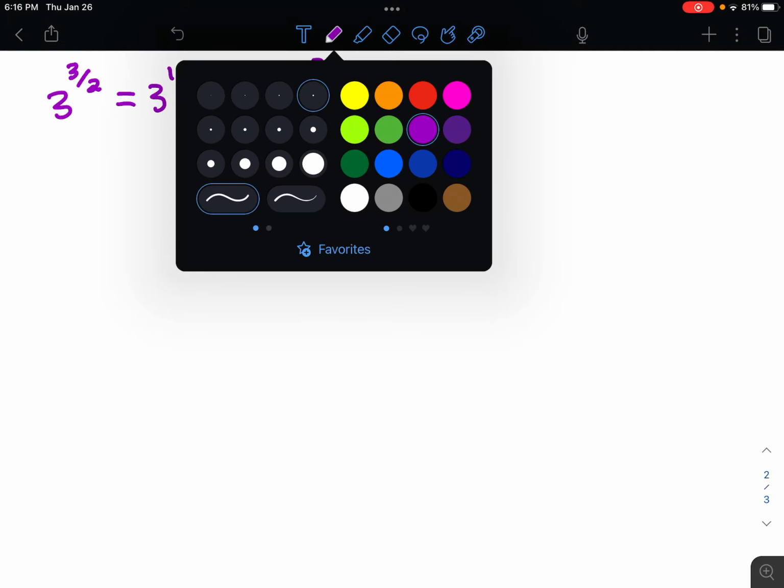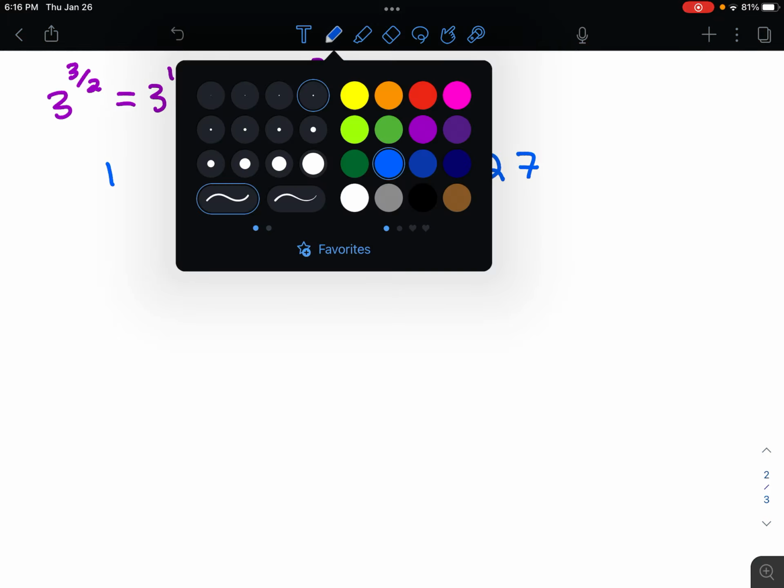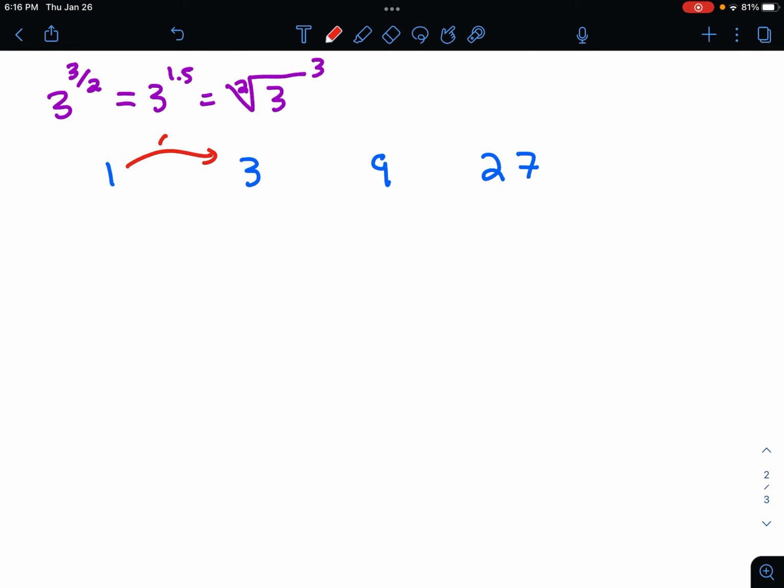And so if we break this down into multiplications of 3, we start at 1, then go to 3, then 9, then 27. And each one of these represents a multiplication of 3, and times 3 again.